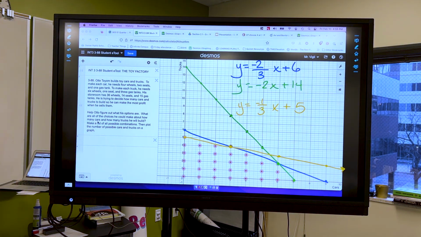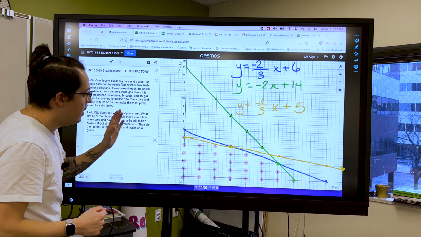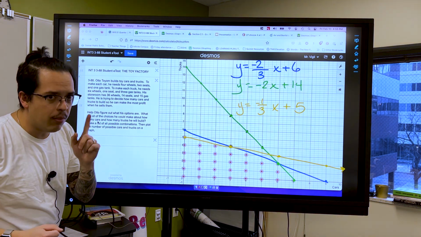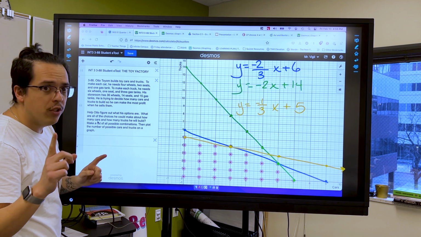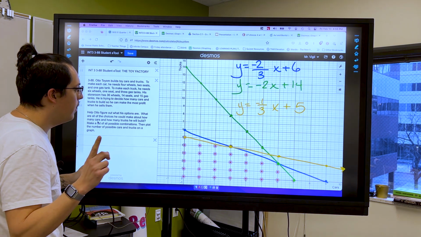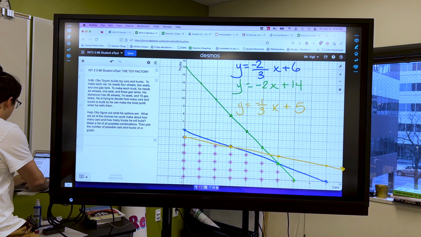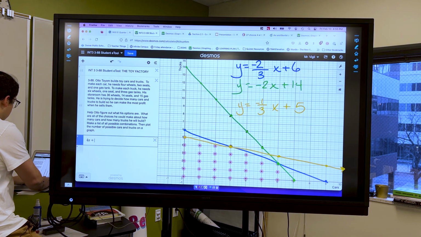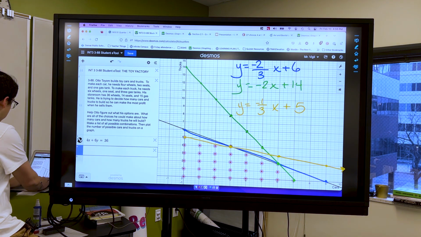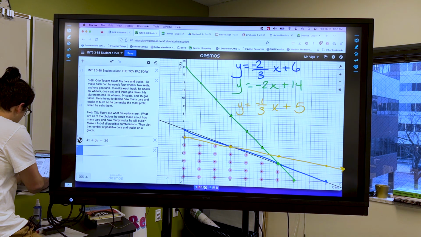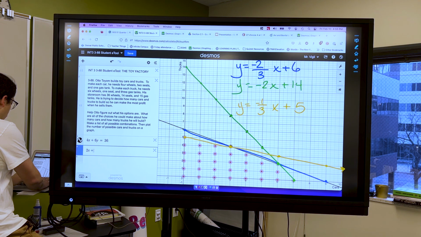What I'm going to do is type these into Desmos, double check my work, but your work should be correct if you're following along. And we're going to get ourselves some nice clean lines. 4x plus 6y equals 36. 2x plus y equals 14.